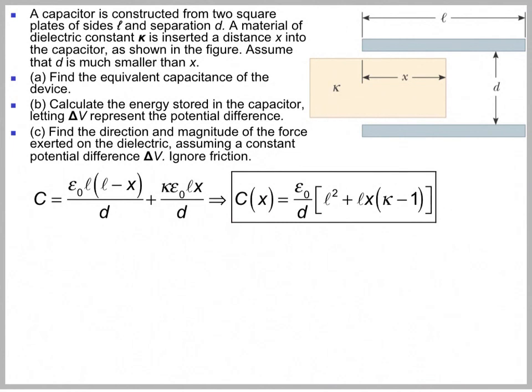So we know that the depth, the other dimension here that we don't see, is L. So for this half of the capacitor, we get epsilon naught A, and A is L times L minus x over D. And for this half of the capacitor, we get epsilon naught x L over D, and we multiply it by kappa because there's the dielectric in it. We can simplify this a little bit. We see that the capacitance then, as a function of x, how far it is in, is epsilon naught over D times L squared plus Lx times kappa minus 1.